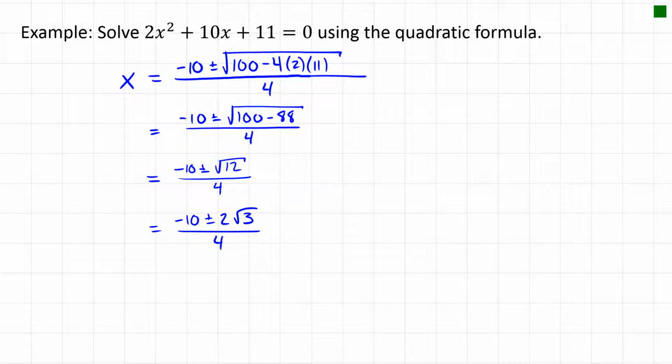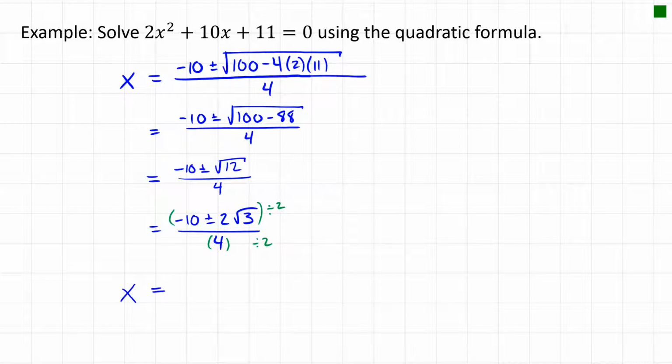And now I want to simplify this further, because here I have two terms above a fraction, 10 plus 2 root 3 or 10 minus 2 root 3, but both are divisible by 4. So I want to simplify this by dividing the top and the bottom each by 2. Sorry, I think I just said that they were both divisible by 4. That's not correct. Each of these terms is divisible by 2. So I'm going to go ahead and divide everything by 2.